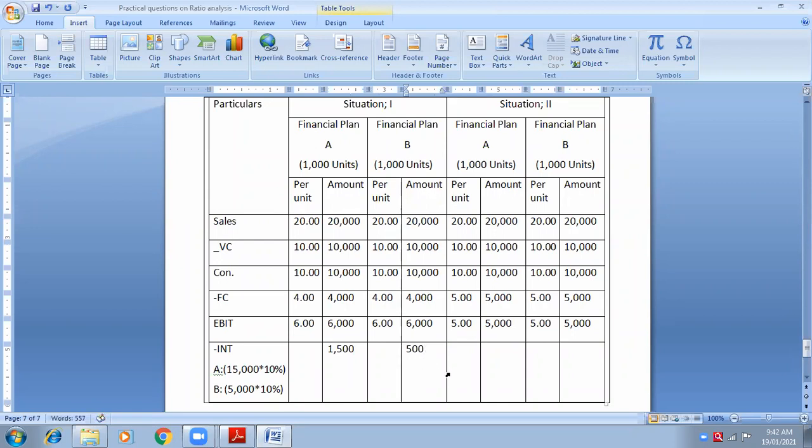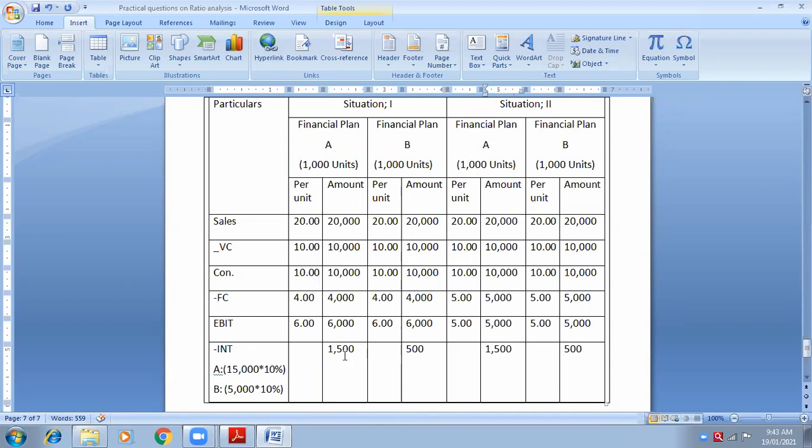500 only. Okay. So this 500 will be copied down to plan B of situation 2. देखो चाहे सिचुएशन 2 है पर है तो वो फाइनेंशियल प्लान बी ना. और चाहे सिचुएशन 2 है लेकिन है तो फाइनेंशियल प्लान ए. तो फाइनेंशियल प्लान ए का डेट कितना है? 15,000. 10% ऑफ 15,000, so it will be 1,500.